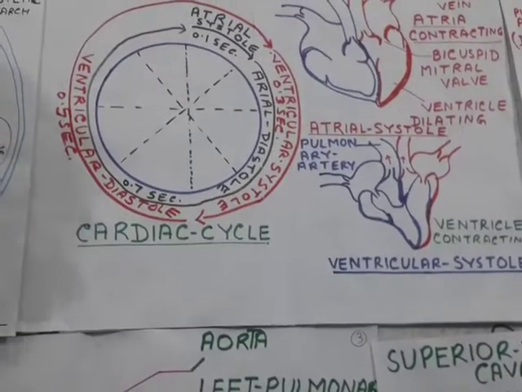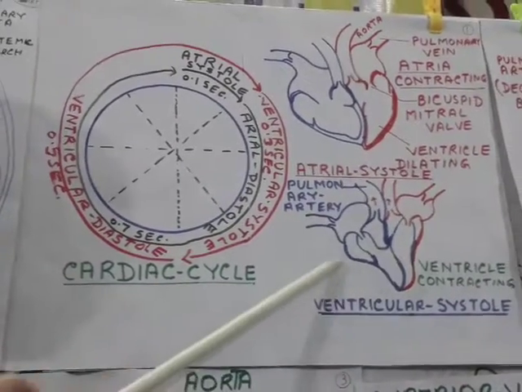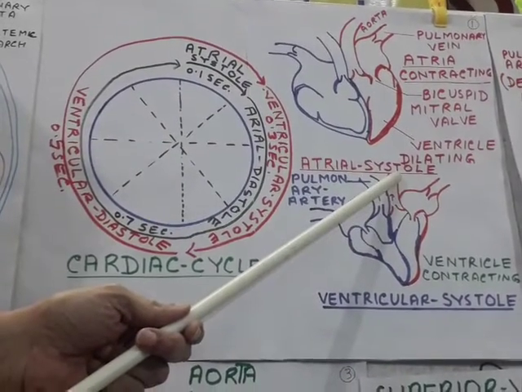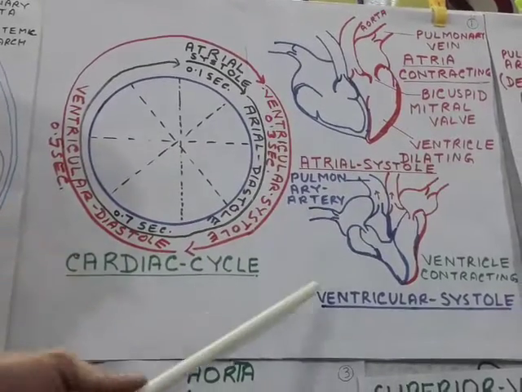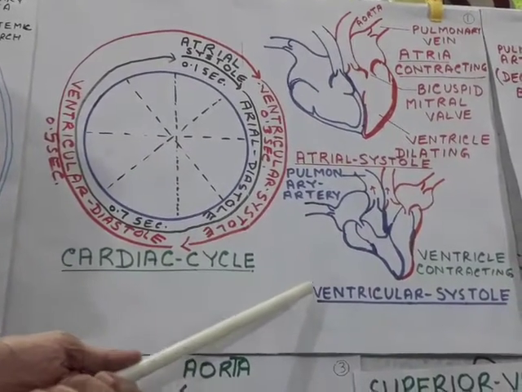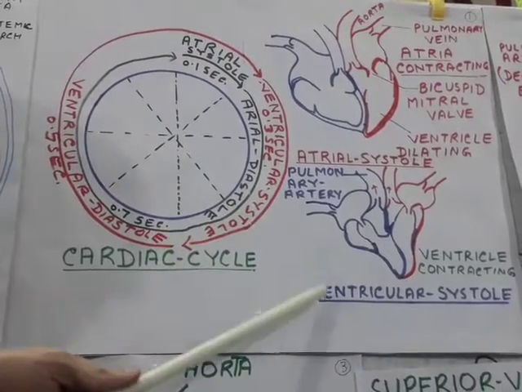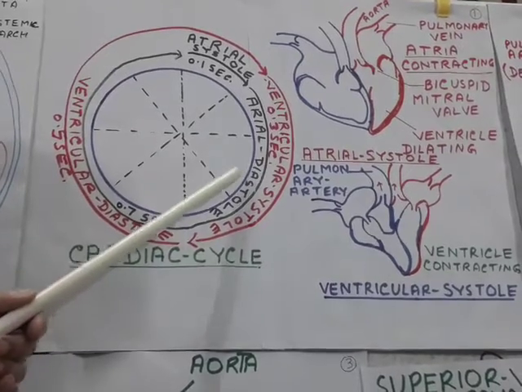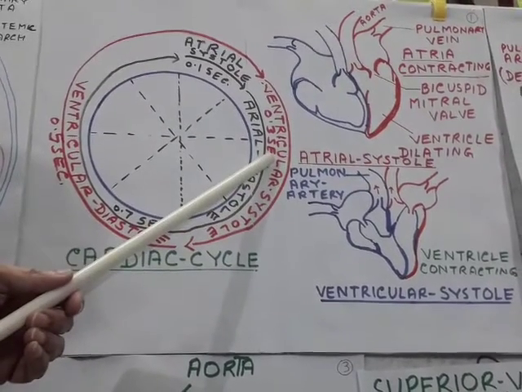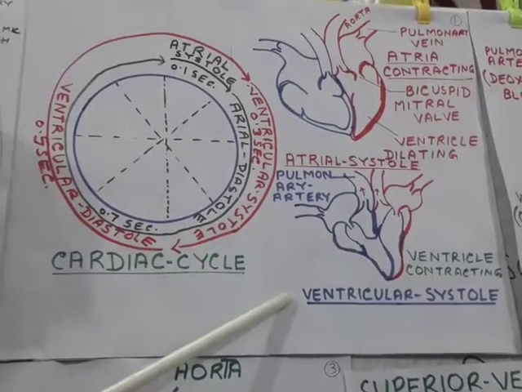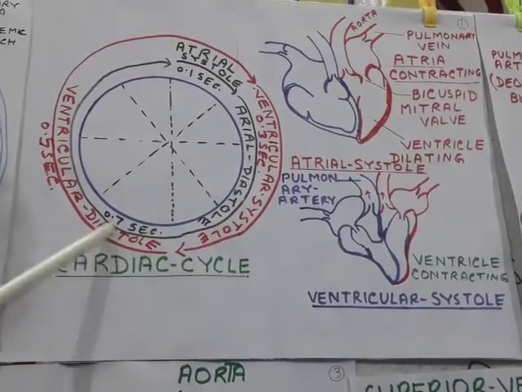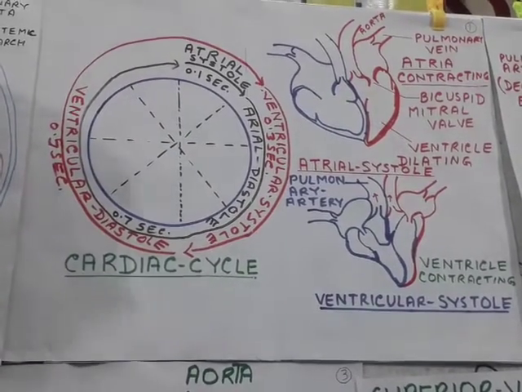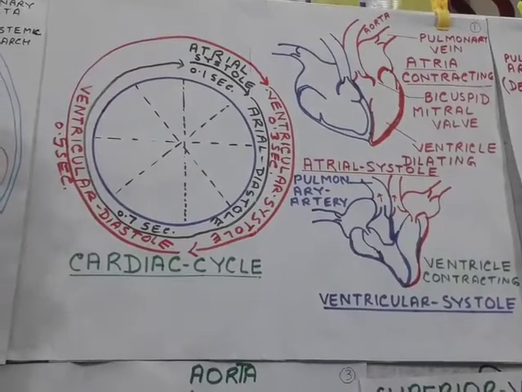Just after atrial systole, the two ventricles contract and pump the blood into the pulmonary and systemic arches. It is much stronger. So ventricular systole, or contraction, takes about 0.3 seconds. After this, there is ventricular diastole of 0.5 seconds. These 4 events together are called the cardiac cycle.